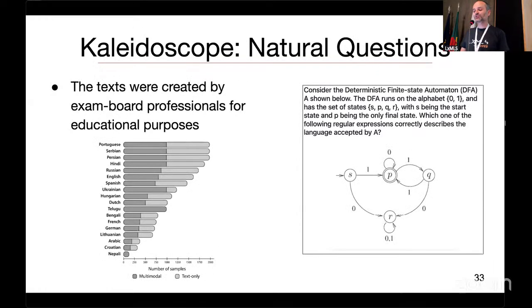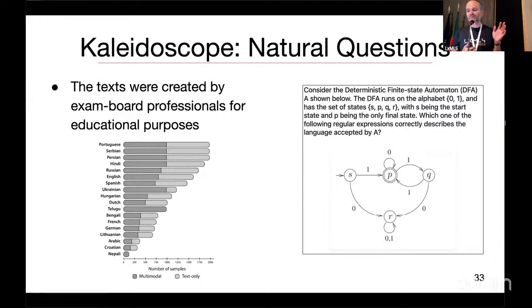So in Kaleidoscope, like I said, we had a collection of really motivated volunteers. The texts in Kaleidoscope were not written by anyone involved in the project. They were created by exam board professionals for educational purposes. And we cover something between 14 to 18 languages.